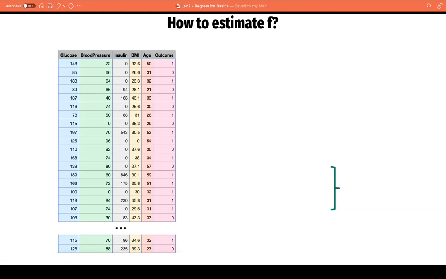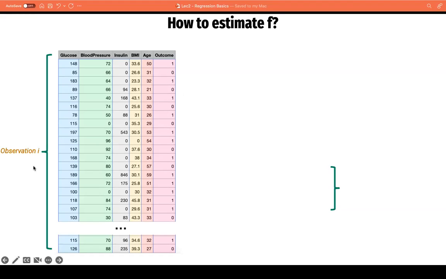So now, how do we estimate f exactly? Let's have an example. We have here a diabetes data set composed of some features like glucose, blood pressure, insulin, BMI, and age. Using these features or indicators, we can predict a person's probability of having diabetes or not.